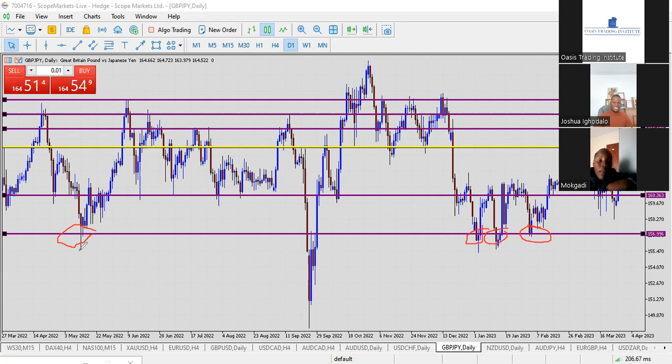Now, when buyers start investing more, sometimes it could be as a result of good positive data that happened in GBP, Great Britain. It could be as a result of those positive data that made buyers invest more, which led to the upside movement.